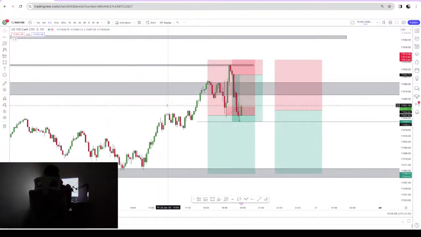At the 8 p.m. candle, there will be huge volatility. The next candle will be the 8 p.m. candle. Maybe it may kick us out.